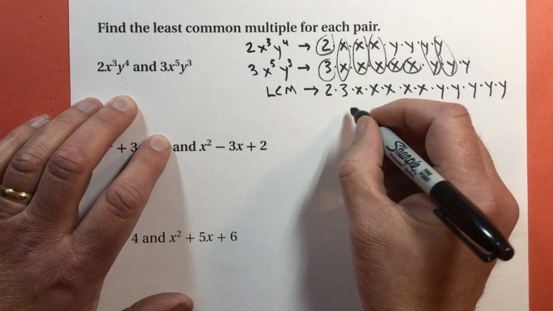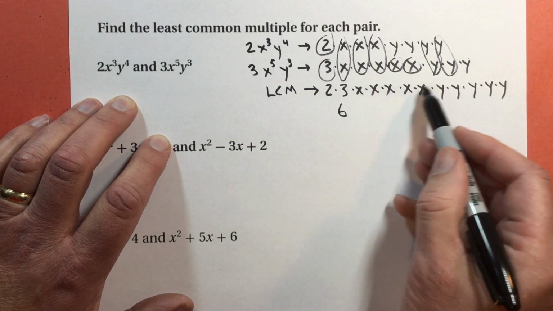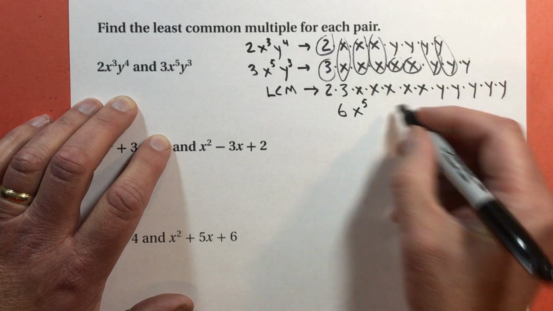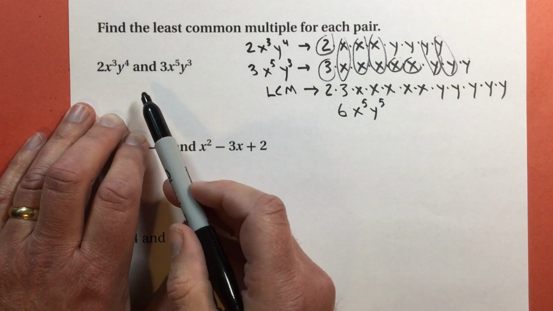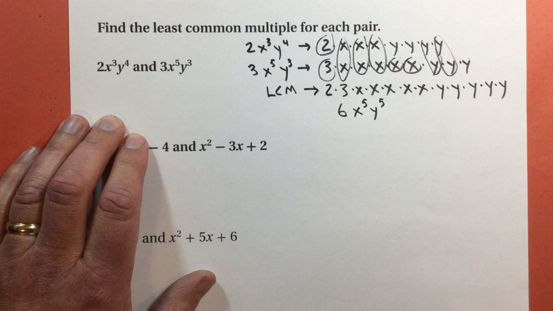So you're probably going to notice a shortcut with this. 2 times 3 is 6. I've got 1, 2, 3, 4, 5, x to the 5th power. And I got 1, 2, 3, 4, 5 y's. So basically, if I look at this, did I miscount my y's? I think that, oh, I did.